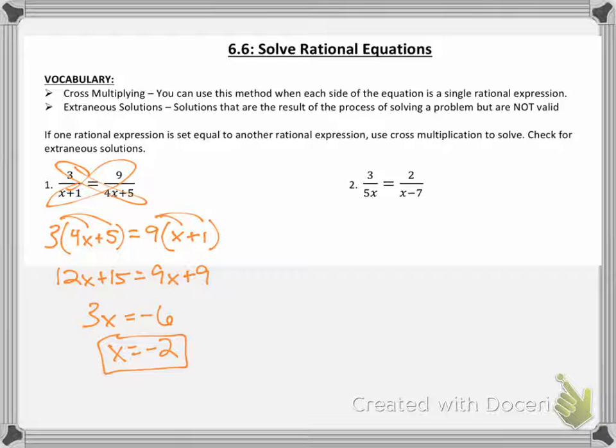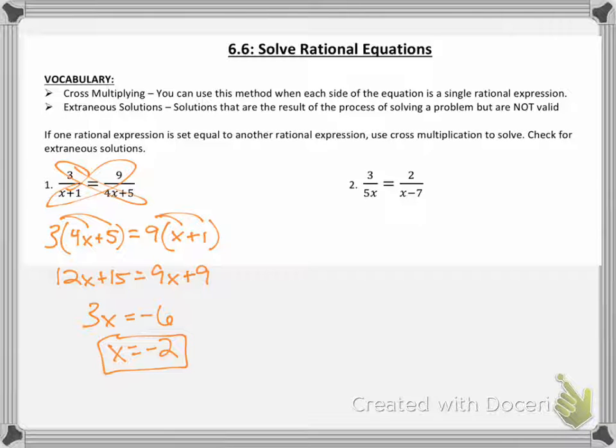As long as the denominator does not come out to 0 when you plug that in, you're in good shape, because keep in mind, if you have a denominator of 0, you're not allowed to divide by that. So when it comes to finding out if a solution is extraneous, that's what you need to be on the lookout for. If I plug in that number, does it give me a denominator of 0? That's about the only new thing we're going to look for when we do cross multiplying in this case.